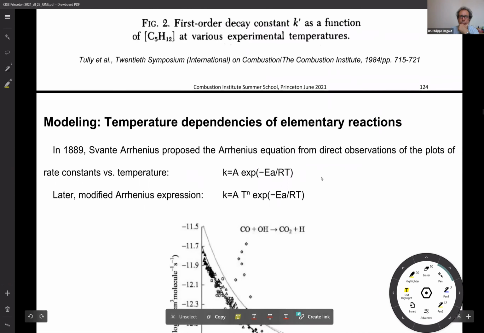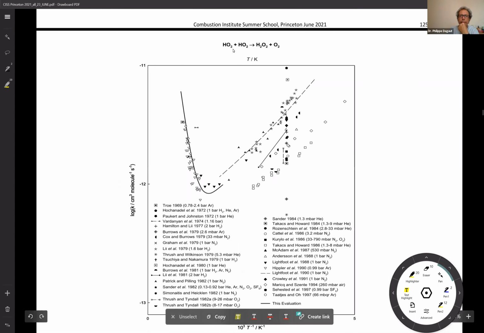So this is the case for the reaction of HO2 with HO2, giving H2O2 plus O2. If you remember what I told you yesterday, this is a very important reaction below 800 K, because below that, HO2 are not very reactive, they accumulate. They proceed through self-reaction, and H2O2 accumulates, and above 800 Kelvin, H2O2 starts to decompose and produce two OH radicals.